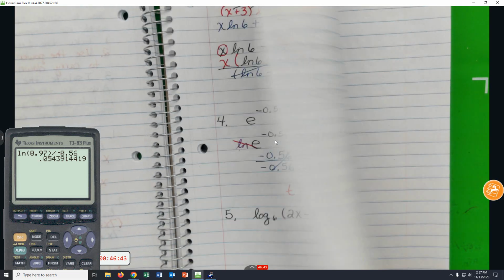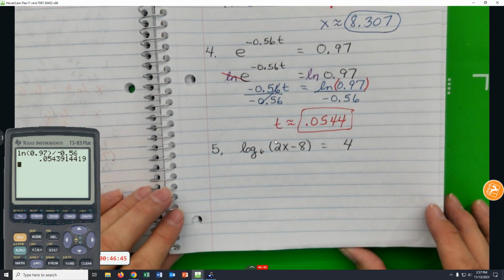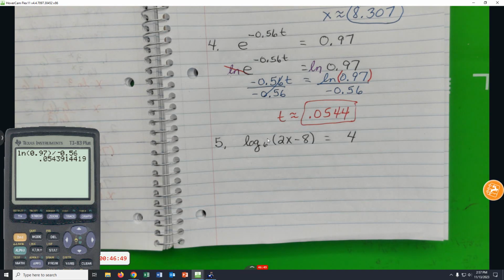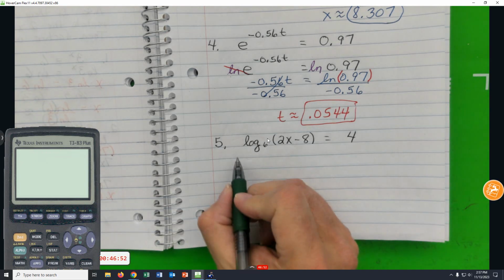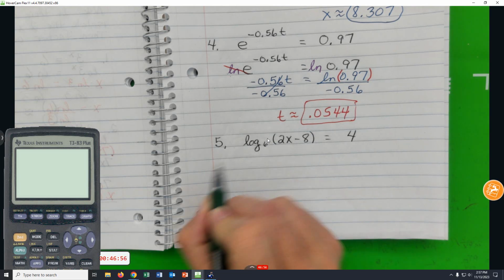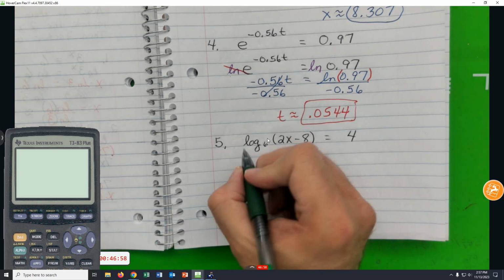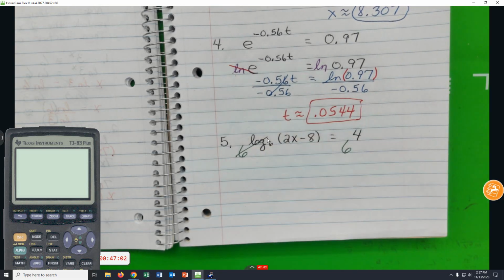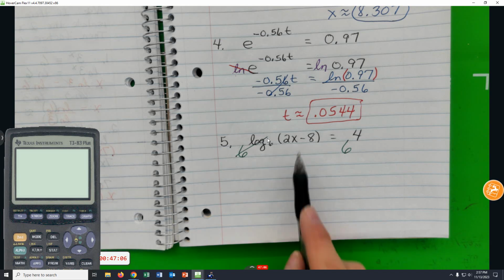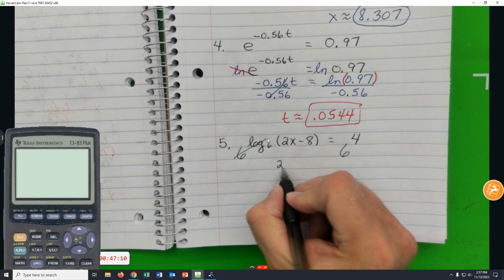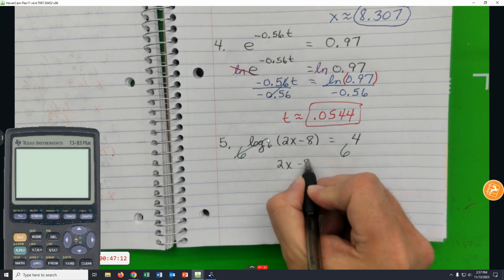The one we're about to do is a little bit more involved than that, but not much. What big number am I going to have to put right here to cancel out that logarithm? 6. There. And when we do that, that leaves us just 2x minus 8 on the left.